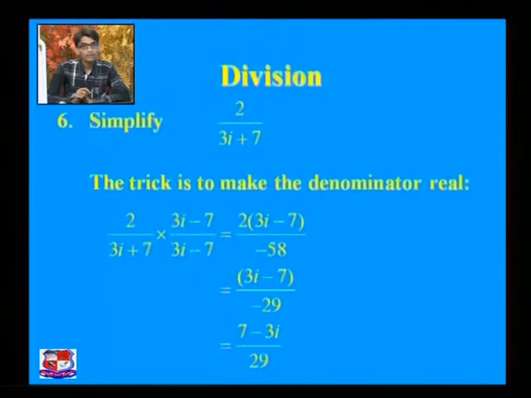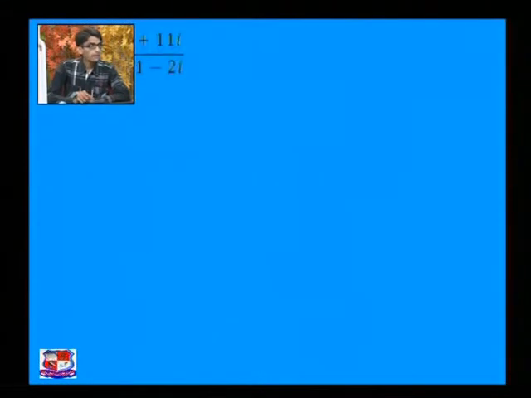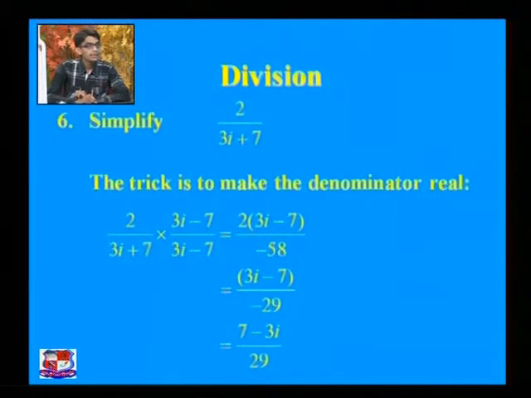So first I have written the real part of the numerator and then the imaginary part of the numerator. So if I divide both real part and imaginary part with 29, then I will get 7 upon 29 minus 3 upon 29 into i, which is the final answer of the simplification.